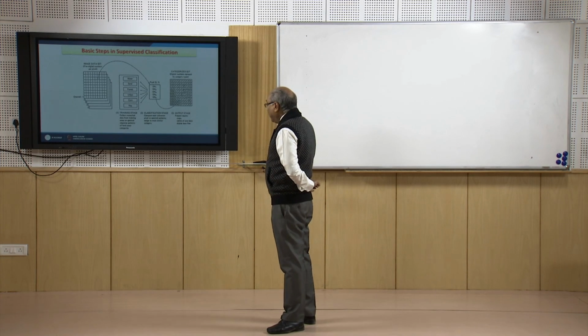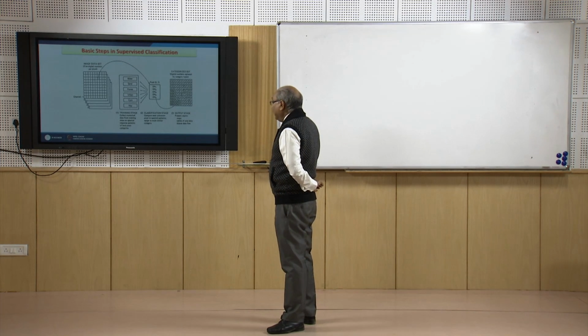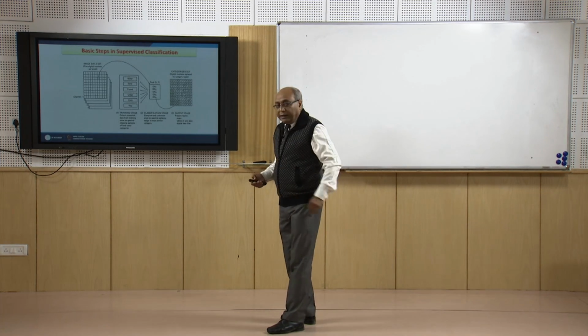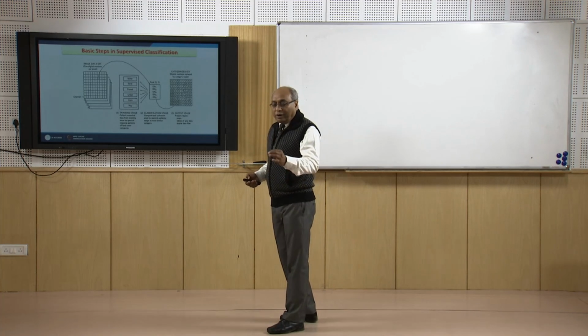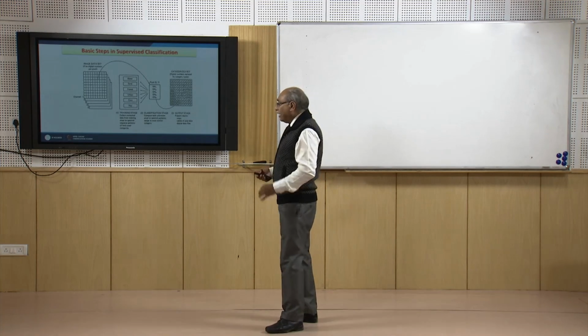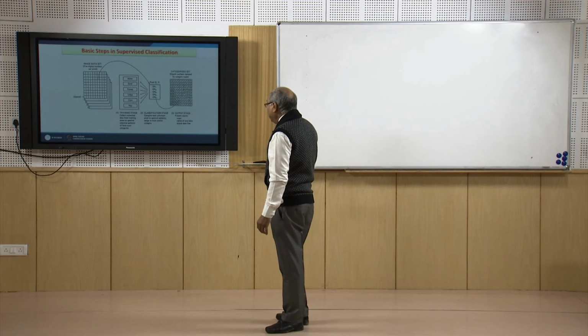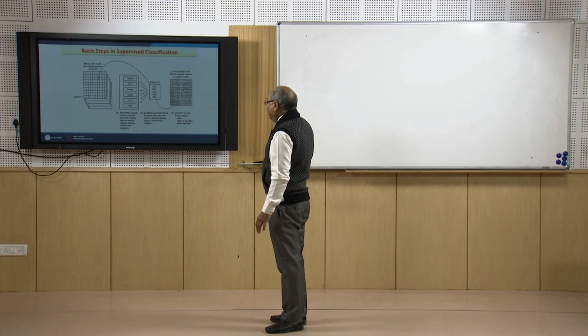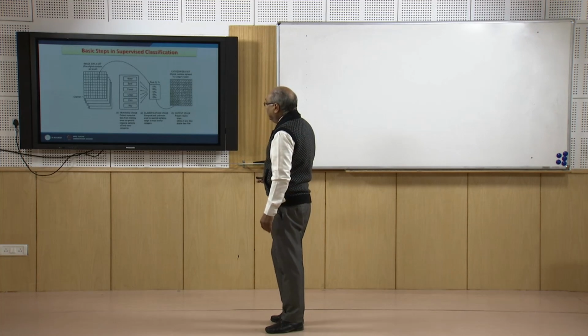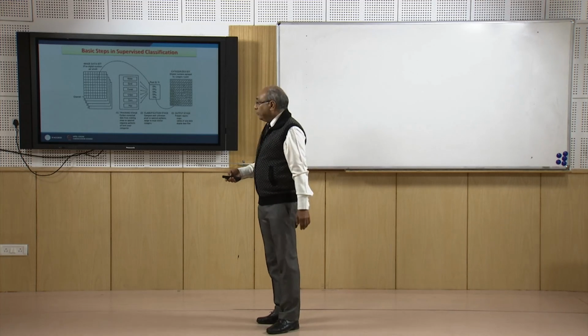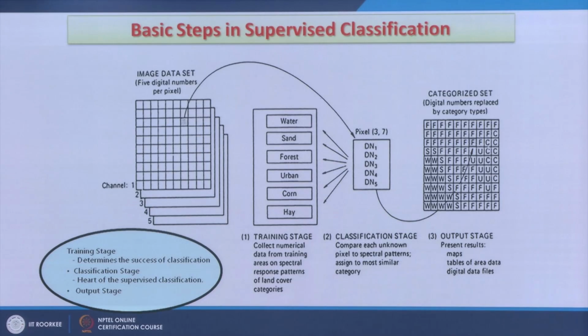I will also have a table of areas which will give us the statistics, how much different categories are covering, what are their percentages, and it will create digital files so that we can use them elsewhere. So the training stage is very important, and that determines the success of classification.